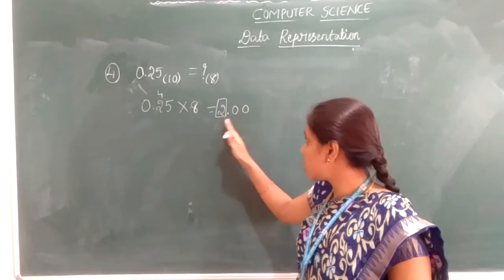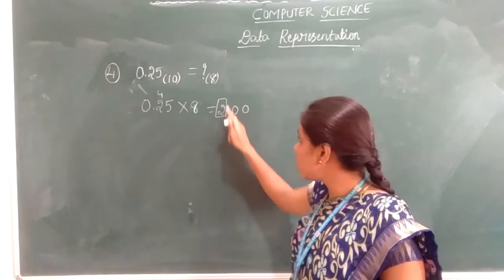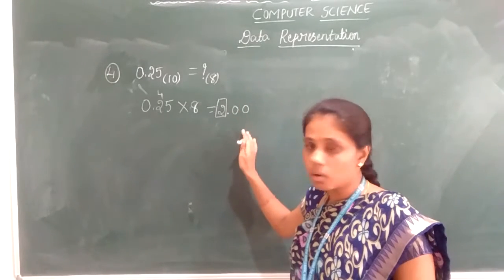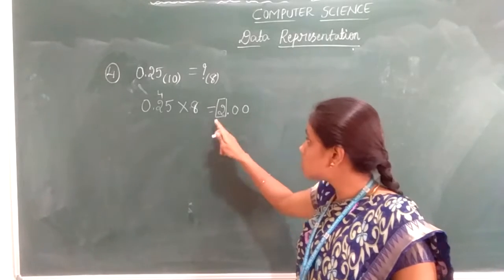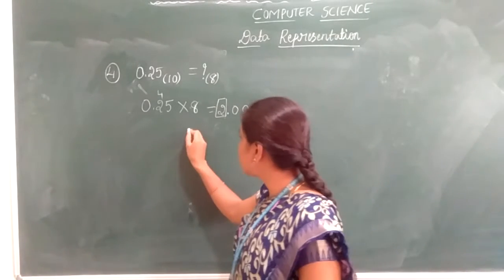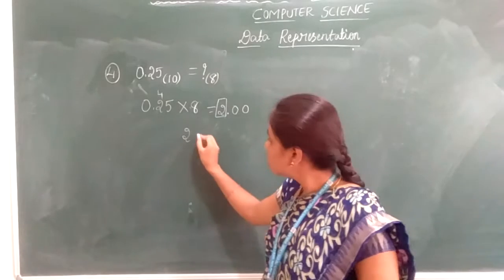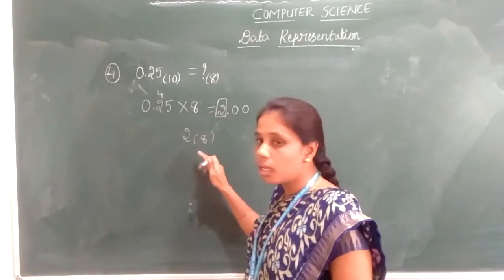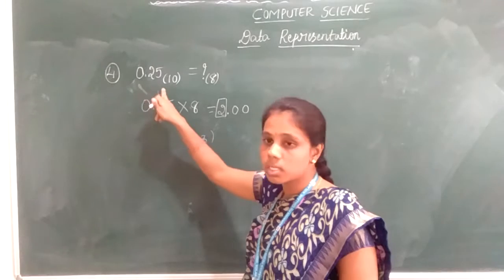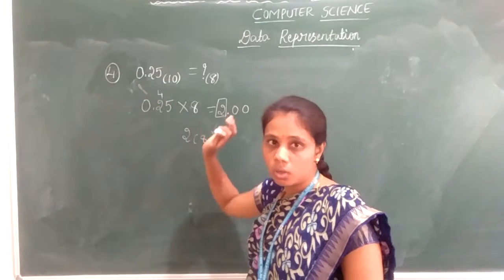Now this cannot be multiplied further because we have the fractional part as 0. In one step itself we got the fractional part as 0. Stop this process and write down the value as 2. This is base 8. Now 2 is the octal equivalent value for the given fractional value, that is 0.25.